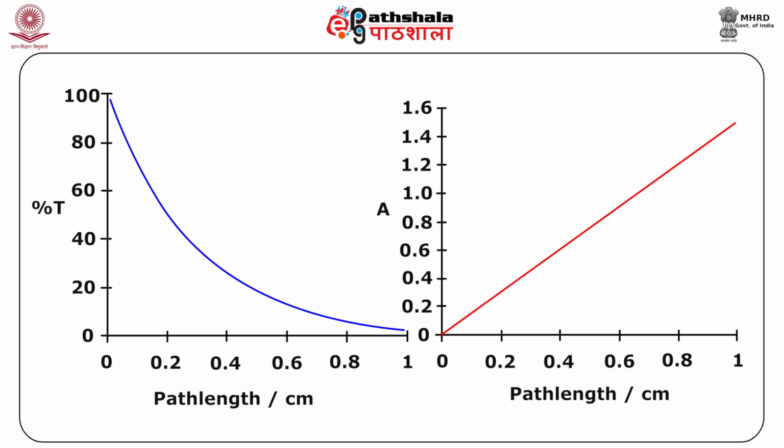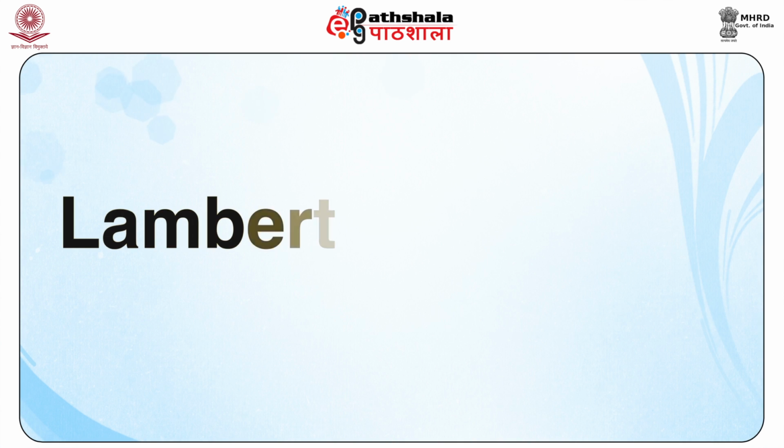Since absorption is the negative log of the transmittance, the plot of transmittance versus path length is an exponential decay. This has been represented in the figure. The graphs are very similar to the ones obtained from Beer's law, as can be seen by comparing figure 4 and figure 5.